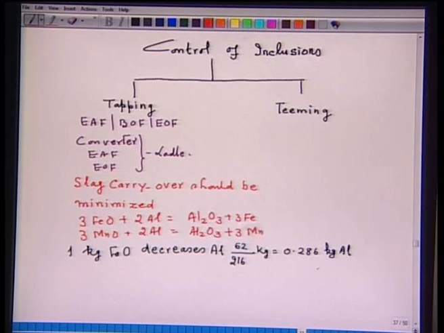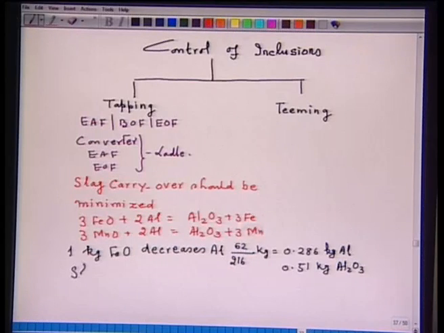Now, this 0.286 kg of aluminum will form around 0.51 kg of Al2O3. Now, the density of Al2O3, let us take it as around 4 gram per centimeter cube, and if all the inclusions were spherical with a size of 1 millimeter diameter, then from the volume you can calculate that around 240 inclusions will form just by carrying 1 kg of FeO into the ladle.